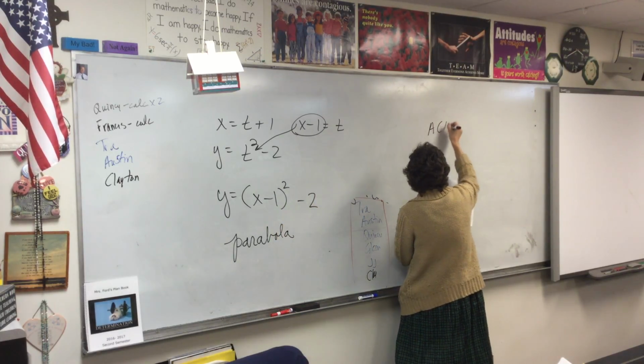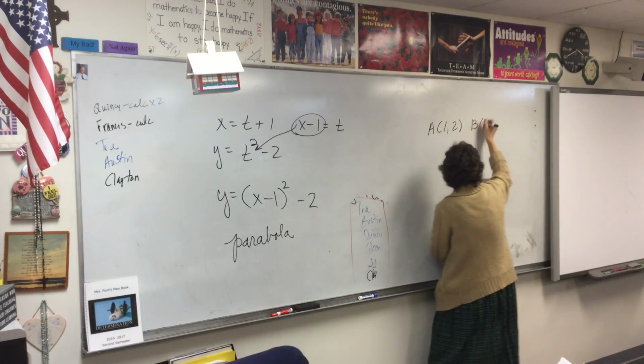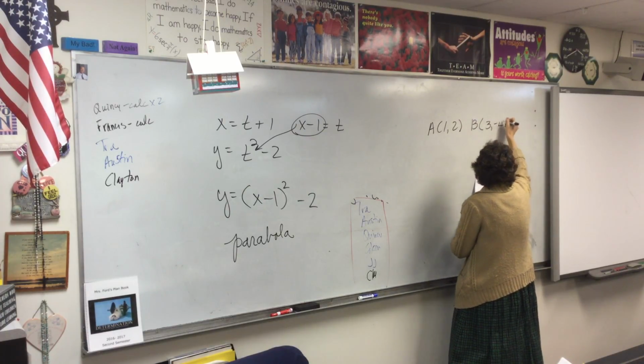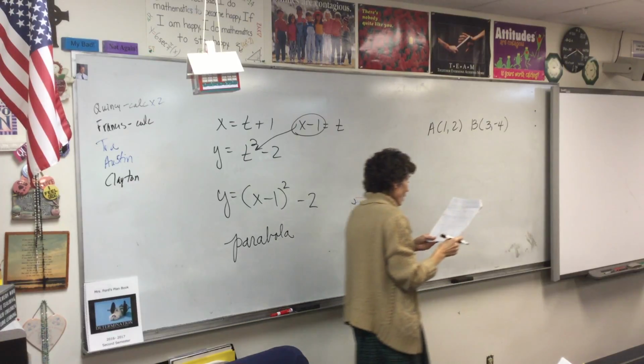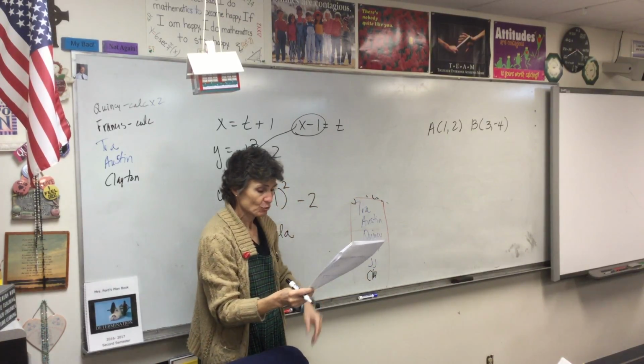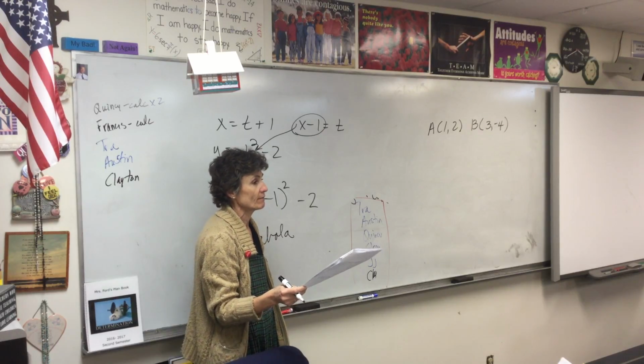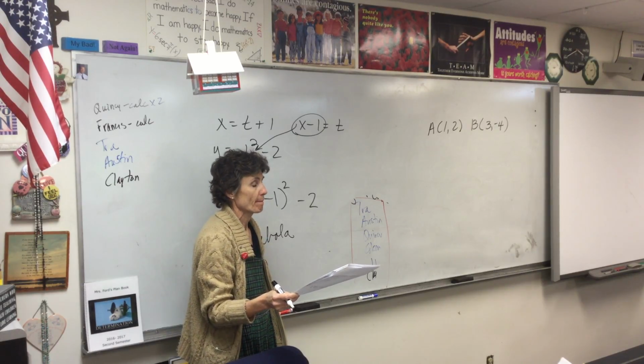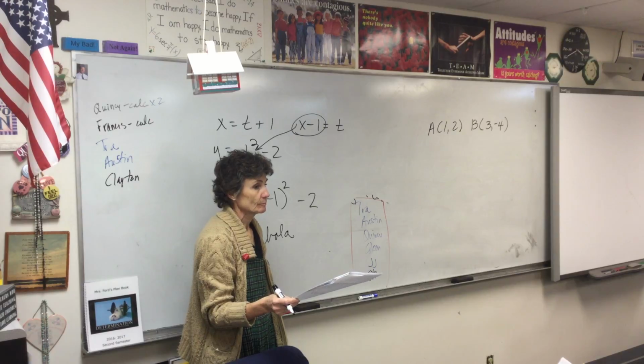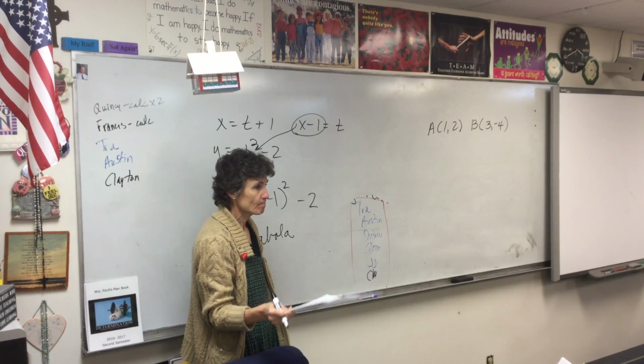2A. We're going to get this one done. 2A. Stop. You're going to write the parametric equations of the line through the given points. Okay?